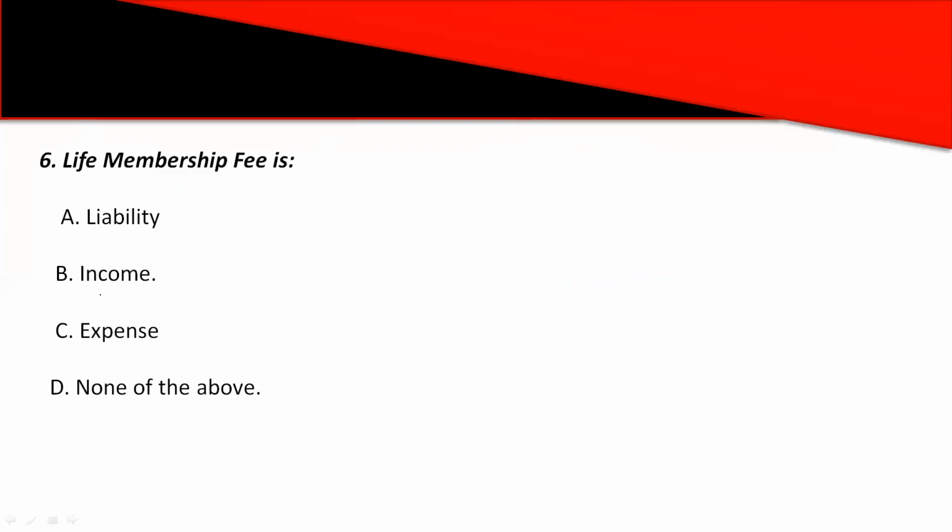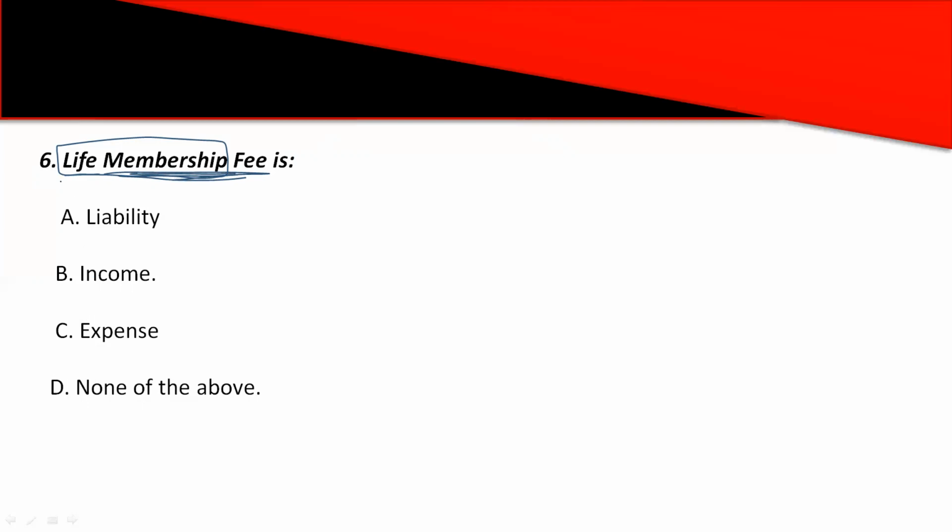Life membership fee is, again in the name itself it's mentioned, life membership fee. So life membership fee, we only receive it once in a lifetime. Again, membership fee is usually common for an NPO, that is revenue in nature.